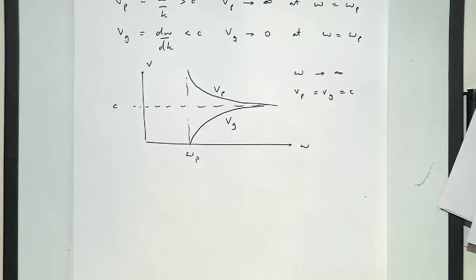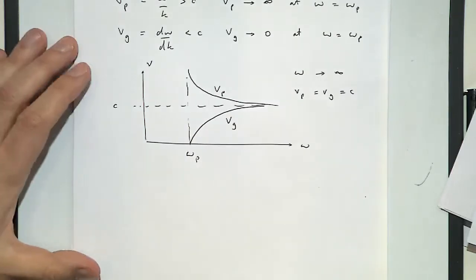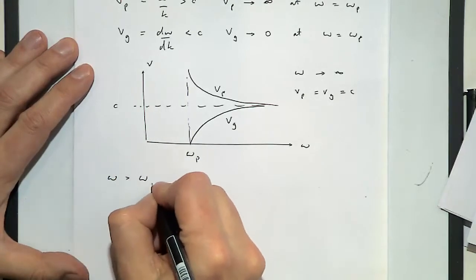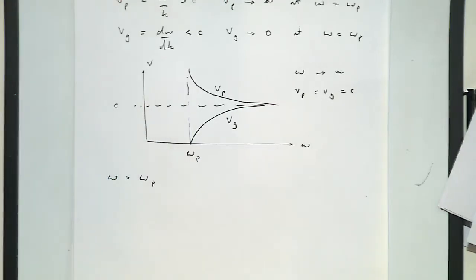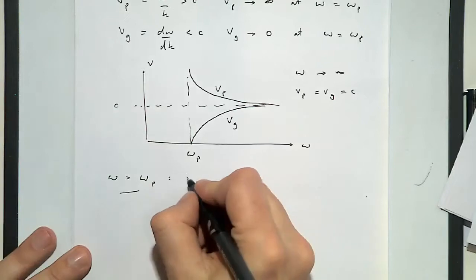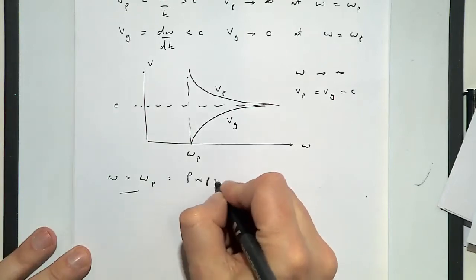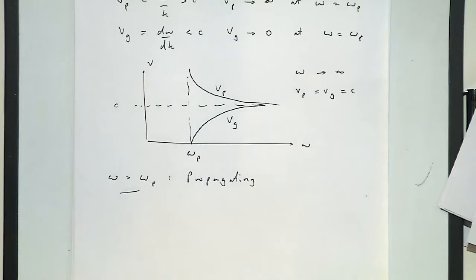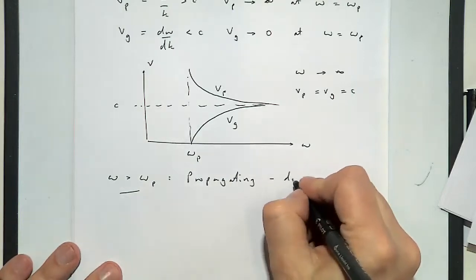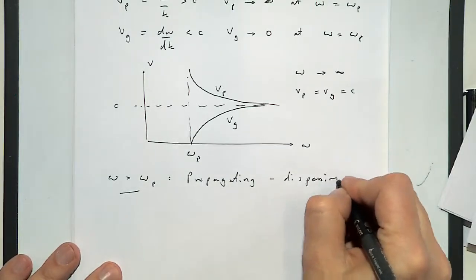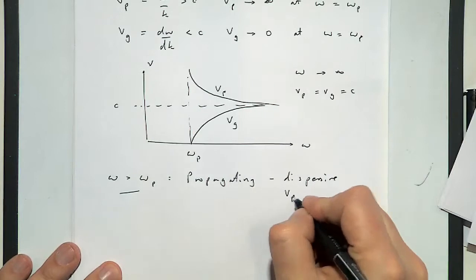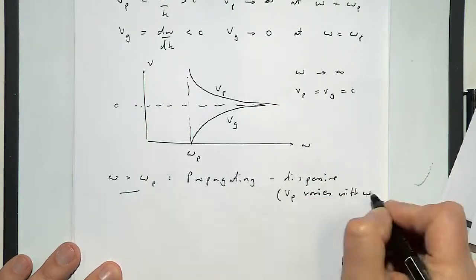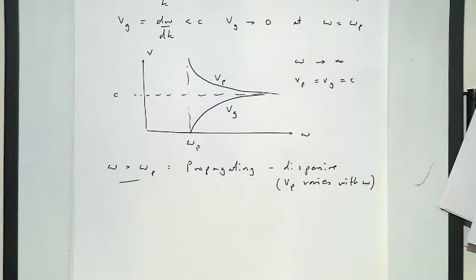So I haven't yet explained, have we, what that situation below omega p looks like. So one more time, just to keep you in suspense. Okay. Omega greater than omega p. The waves are propagating without attenuation, but this is dispersive, by which we mean that the phase velocity varies with frequency, which it doesn't do in free space, but it does in the plasma.